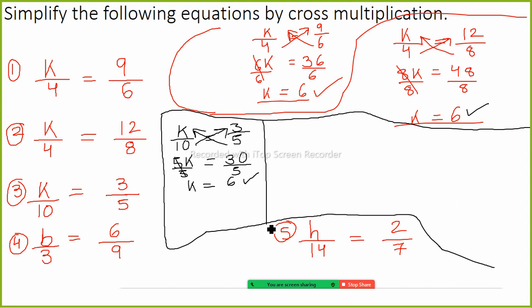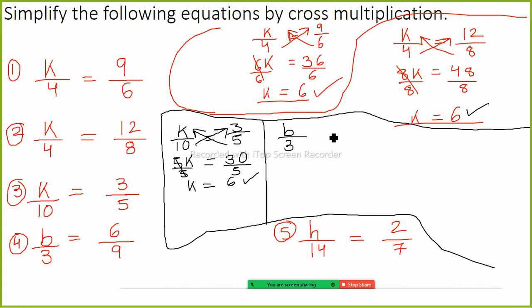Alright, number 4. Jonathan, what did you get for number 4? I can barely hear you. Say it again. For number 4, you got 2. Okay, so b over 3 equals 6 over 9.